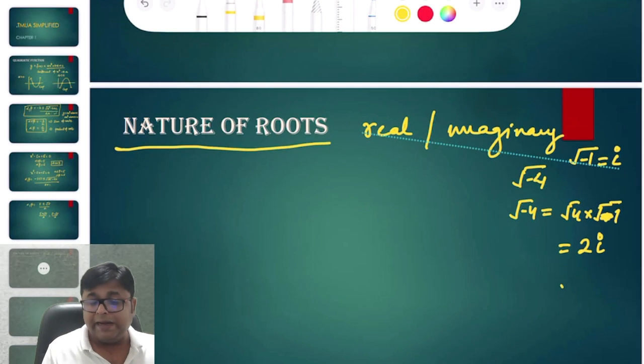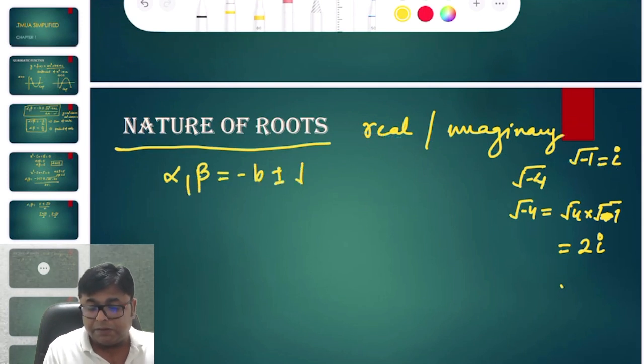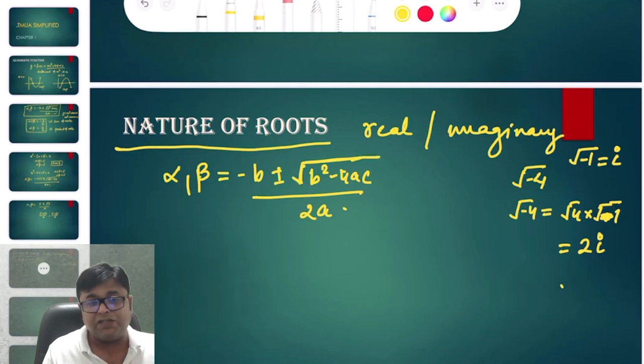And now, why are we discussing nature of roots? Let's understand again. The quadratic formula that I have written for you is minus b plus minus under root b square minus 4ac by 2a. Now, under the root, we have this expression.